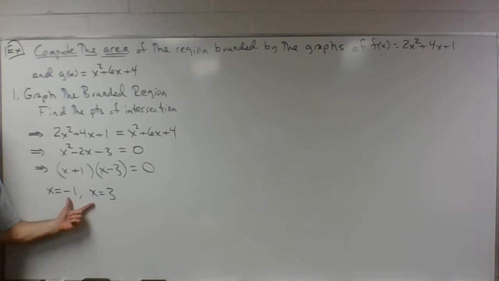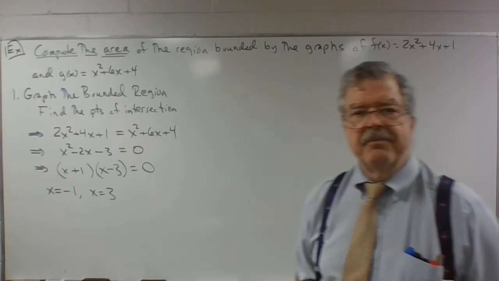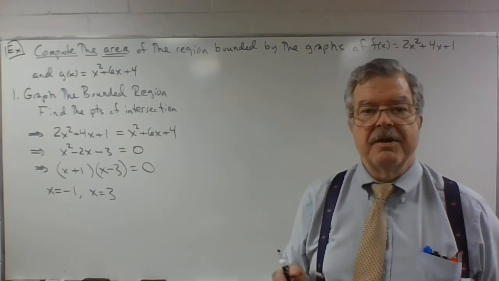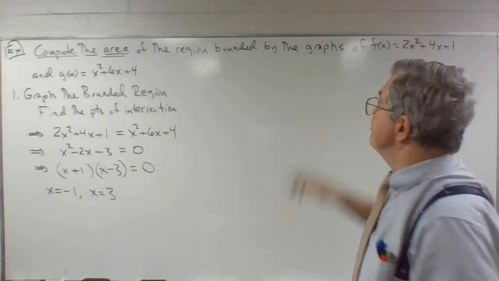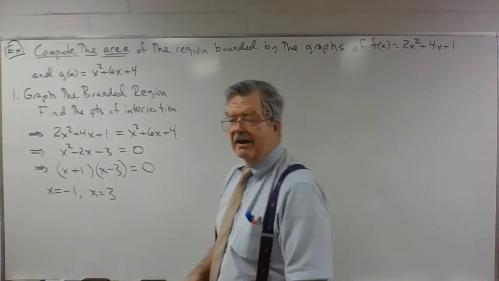So at our points of intersection, either x equals negative 1 or x equals 3. I don't know what the y coordinates are, but the y coordinates will be the same for both of these functions because this is where they intersect.